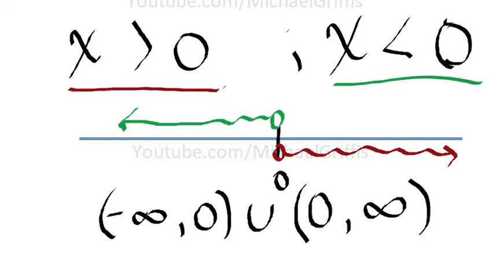Let's take a look at another one. Let's say we have the absolute value of x is less than or equal to 3. Now, what are we going to do?